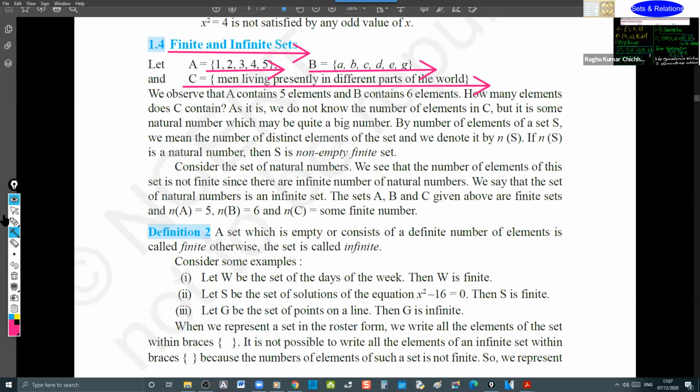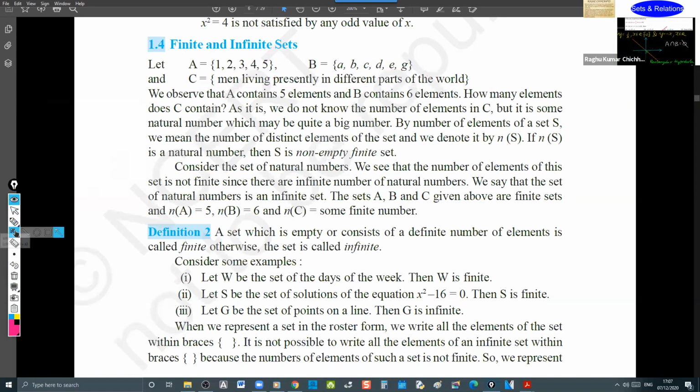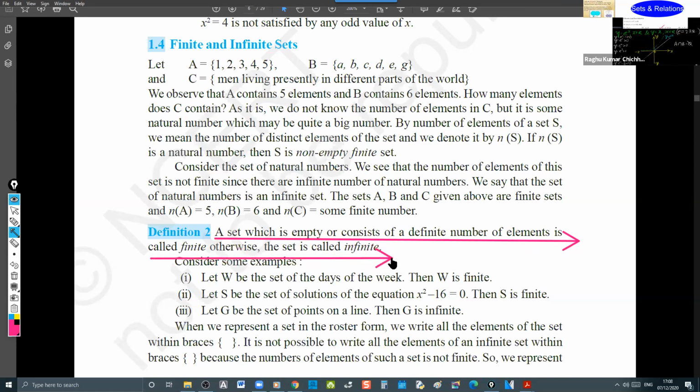Nothing more prominent is there, because in the title itself you can understand the meaning of it. A set which is empty or consists of a definite number of elements is called finite, otherwise the set is called infinite.